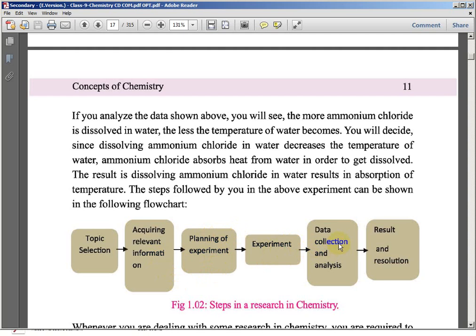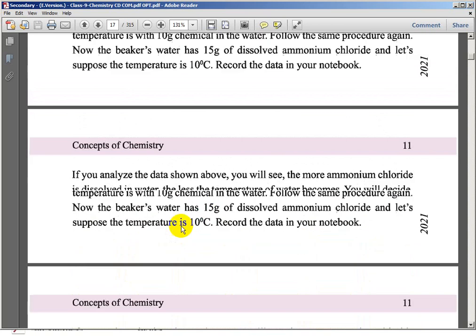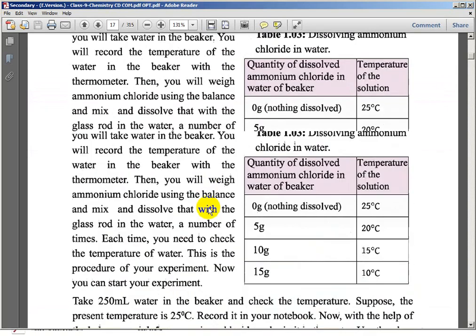You collect data on how the work is going, and analyze it. Then you show the result and resolution, and publish it in journals and show it to all people in the world. These are the steps of research in chemistry.